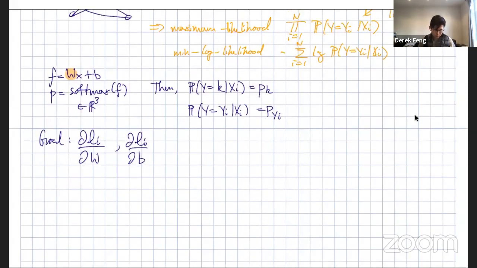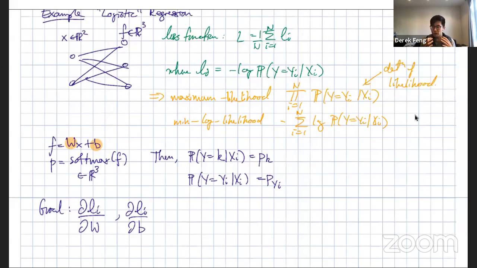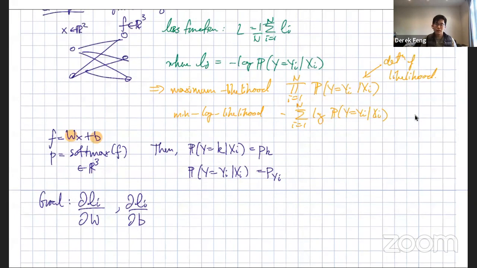We set up a model, we have a loss function, and we're going to try and optimize the loss with respect to the parameters. These are the parameters that we can tune. They are what constitutes the neural network. So we're just going to calculate the derivatives with respect to these two parameters. So far so good? Any questions?